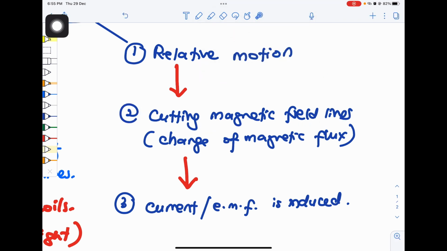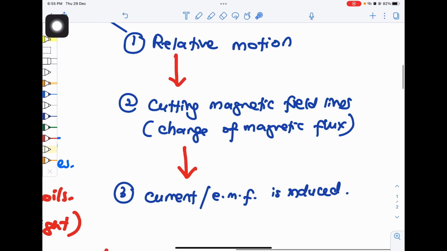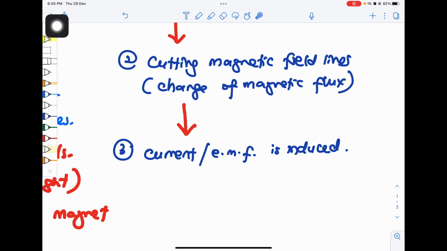Sometimes we talk about cutting of magnetic field lines, so it's similar to change of magnetic flux. That means when there is cutting of magnetic field lines, we are changing the magnetic flux. Then what happens? That is when current is induced or EMF is induced.